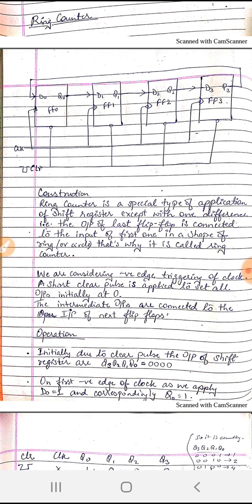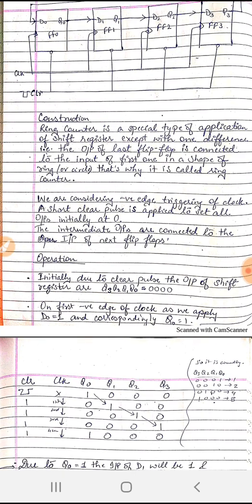Counter is basically used to count some sequence. So let's see how this ring counter will count. We are considering negative edge triggering of the clock, as we have seen in the shift registers as well.